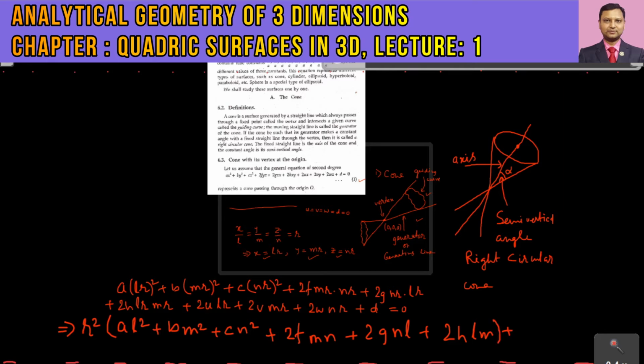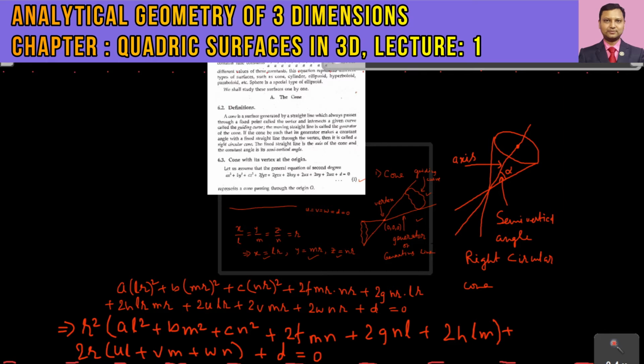This much would be the term containing r square. Then we shall have the term containing r. If we take twice r common, we shall have u l plus v m plus w n, and then the constant term would appear. This is equal to this plus d is equal to 0.